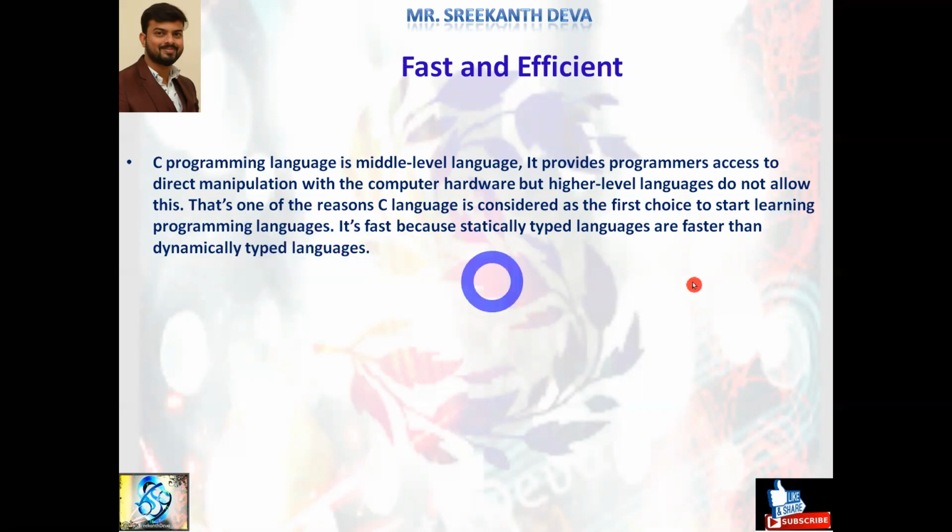It is fast because statically typed languages are faster than dynamically typed languages. C can be easily understood, and using C instructions, programmers can develop C based applications very easily.